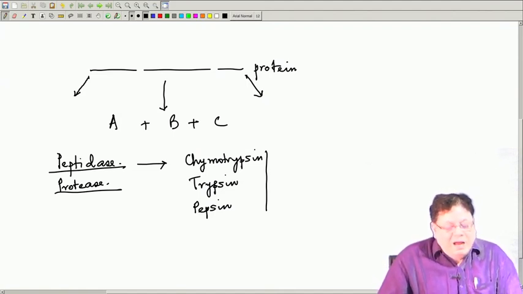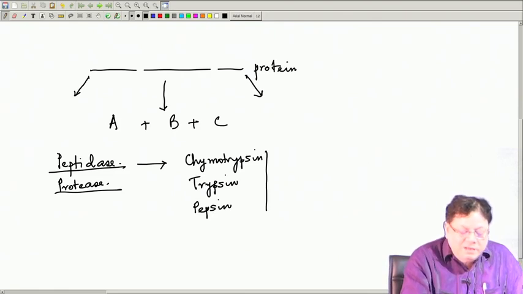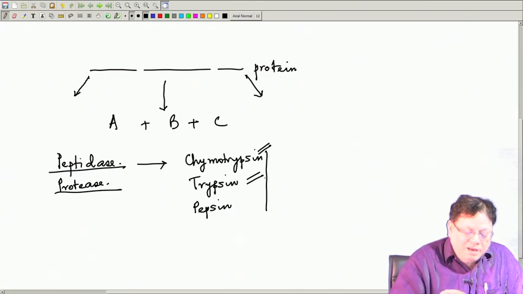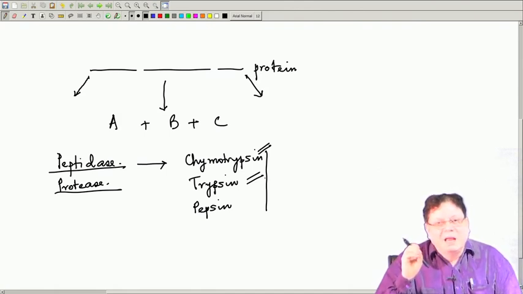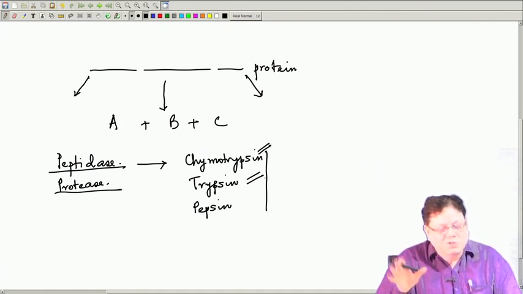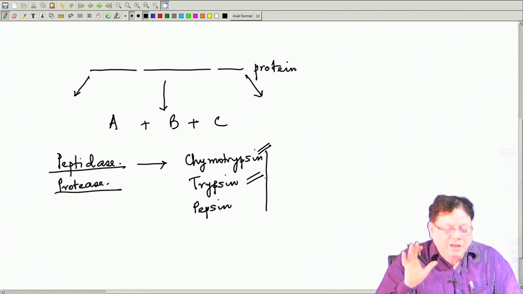These are the enzymes which are mostly used, trypsin and chymotrypsin, because they are extremely specific. Specific means they only recognize certain amino acids, and only when they recognize those amino acids will they cleave the peptide bond associated with them.